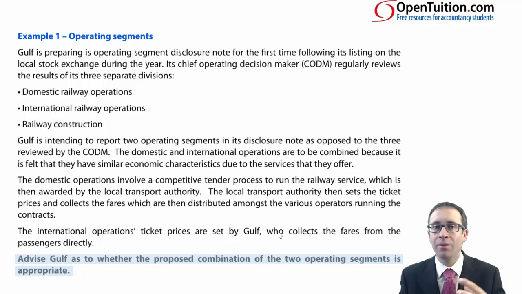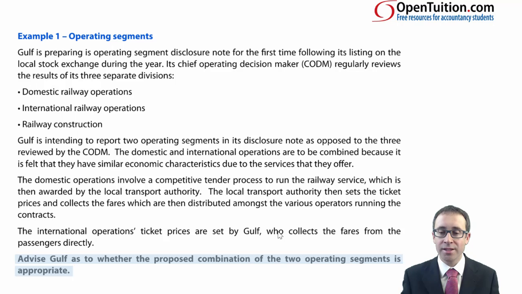So as it's now listed, it now has to follow the rules of IFRS 8. Its chief operating decision maker regularly reviews the results of its three separate divisions. You can see there you've got domestic and international railway operations and railway construction. The CODM reviews those results separately, so they are operating segments.